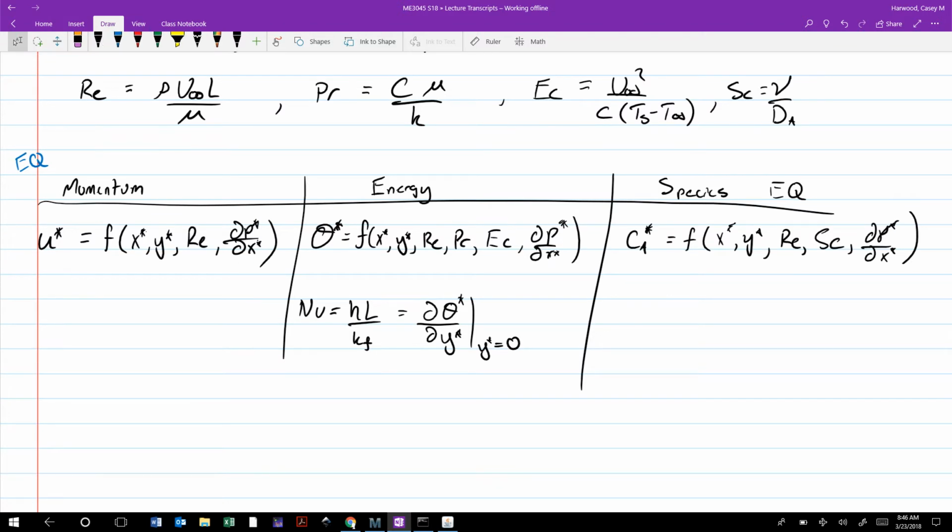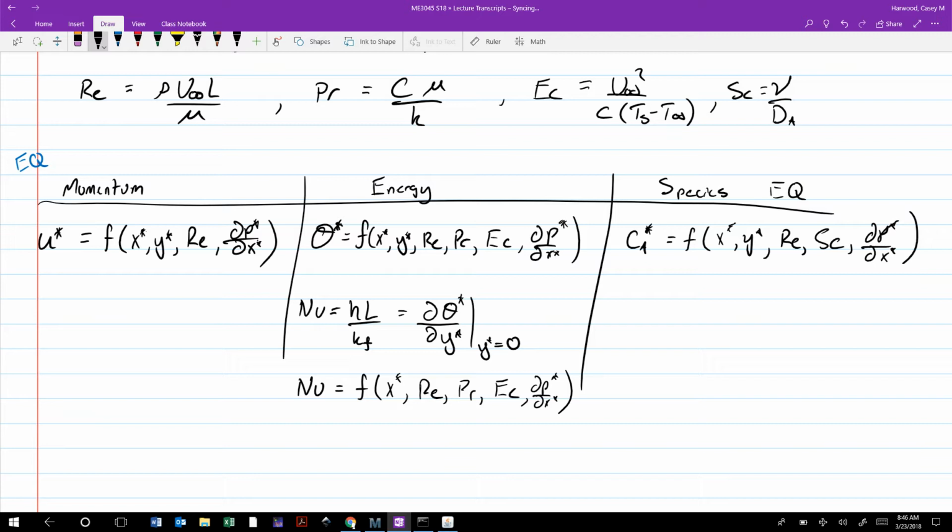And if the Nusselt number is dependent on this, then by extension it is going to be some function of x star, Reynolds number, Prandtl number, Eckert number, and dp star. So this is our dimensionless version of the convection coefficient.